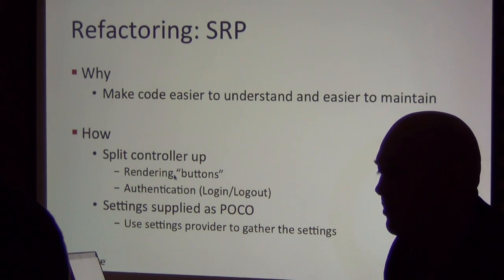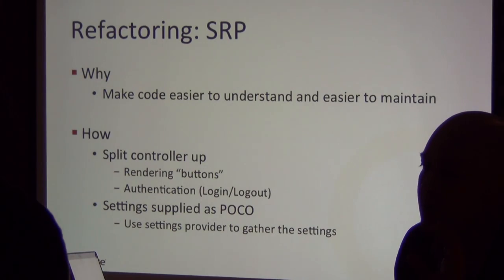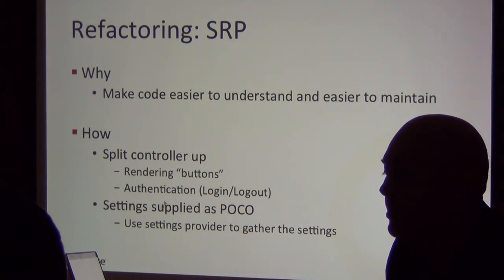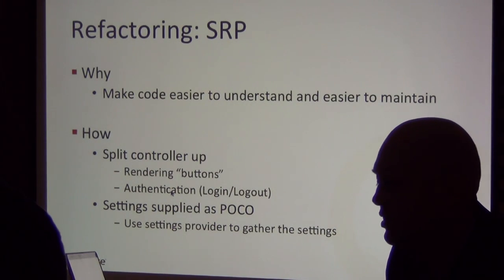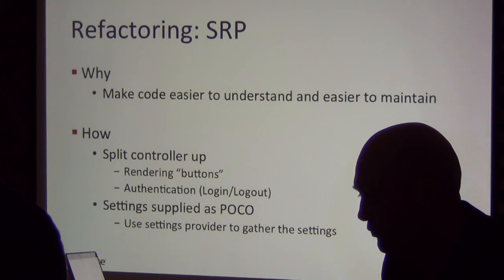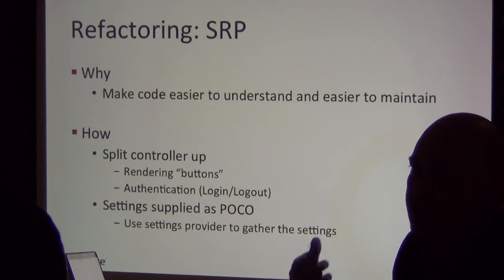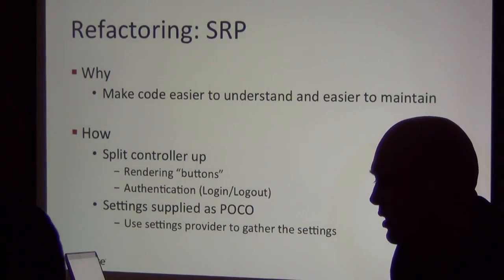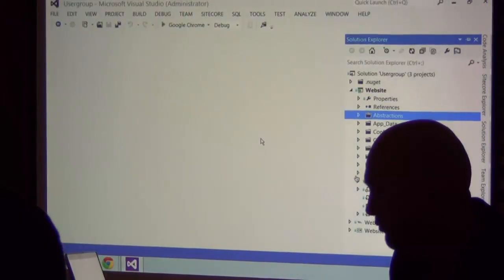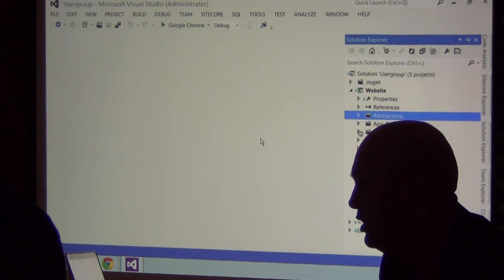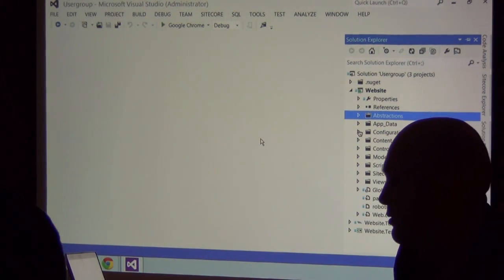I didn't bother distinguishing between a tweet or a connect button. I then moved the authentication into its own controller. I also moved the settings that the buttons were relying on into a settings provider, trying to separate the code into different areas.